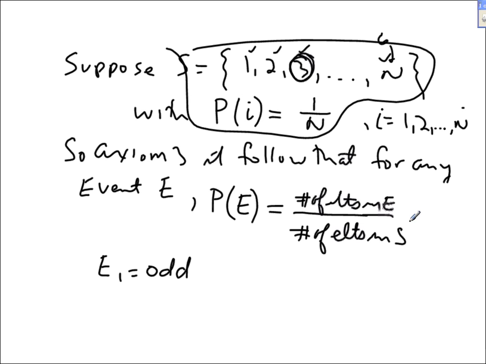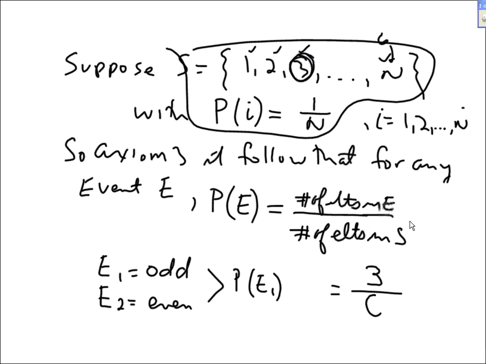If E1 is odd and E2 is even, the probability of getting an even, well, there are 3 evens out of 6. I like to call this favorable outcomes. And the bottom is the total number of outcomes. Turns out this is a half.